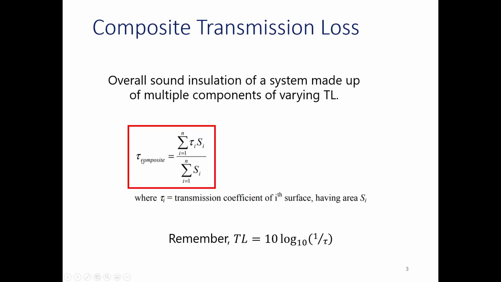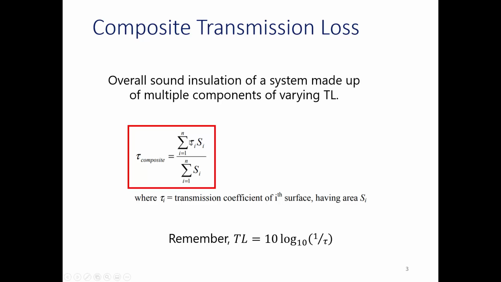So the transmission coefficient of the composite wall is going to be the sum of the individual transmission coefficients times their area divided by the total area. So if we have the wall making up most of the area, that would be tau 1 and S1.